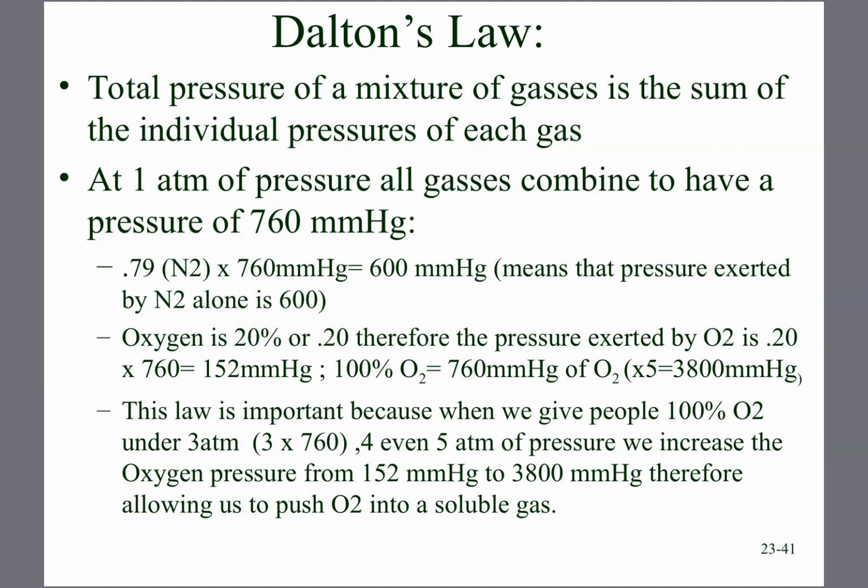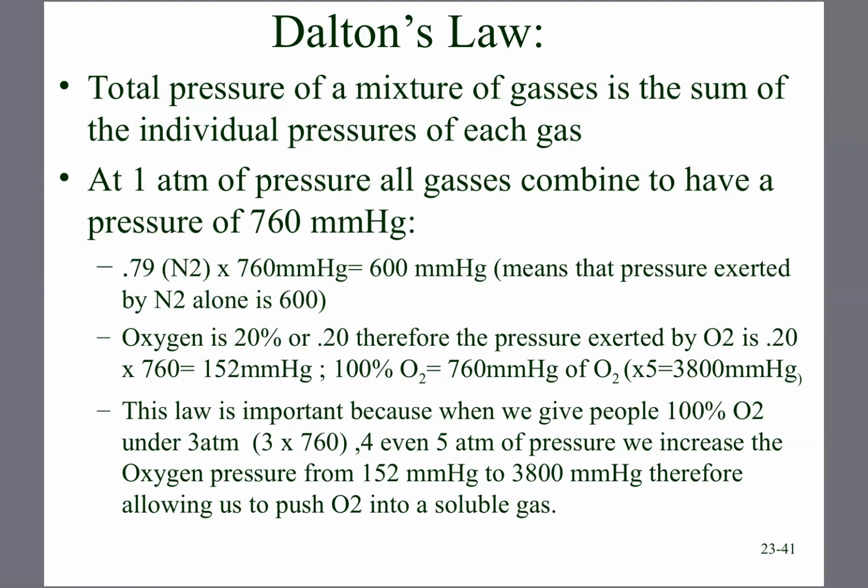At 100% oxygen, that means at 1 atmosphere, all 760 millimeters of mercury is going to be oxygen. Before, 600 millimeters of the air was nitrogen, now all of it is going to be oxygen.